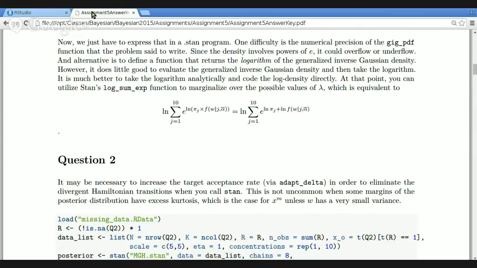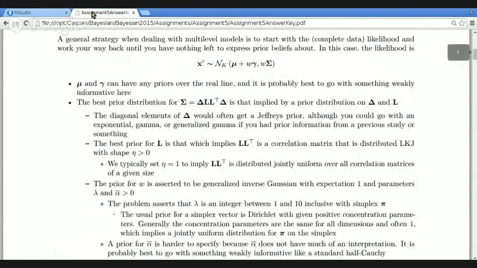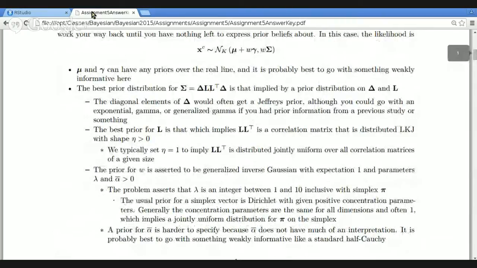That's one of the reasons why we like the LKJ distribution for correlation matrices with shape equal to 1, because that implies a prior distribution over correlation matrices where every correlation matrix of that size that satisfies the positive definiteness restriction is equally possible. That's essentially putting no prior information that isn't already implied by the definition of a correlation matrix.